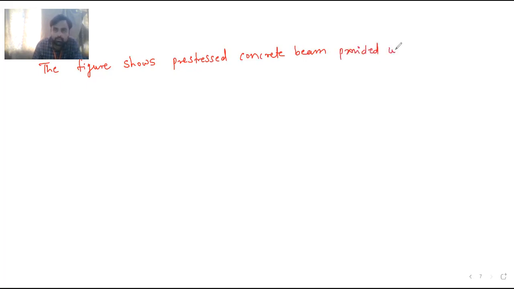Okay. The figure shows a pre-stressed concrete beam provided with a tendon having a parabolic profile.